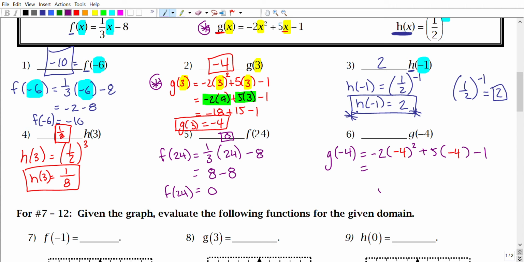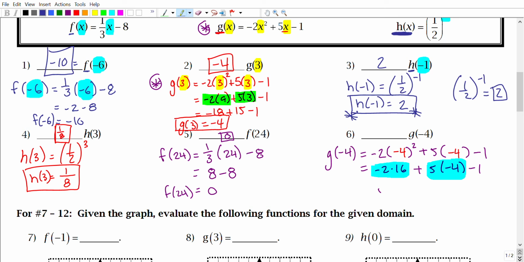So first things first, I do PEMDAS, so I have to do the parentheses first. So -4 squared is a positive 16. Okay, so that's a positive 16. And I'm just going to go ahead and rewrite everything else. So I see 2 sets of multiplication here, guys. I see the -2 times 16 and the 5 times -4.